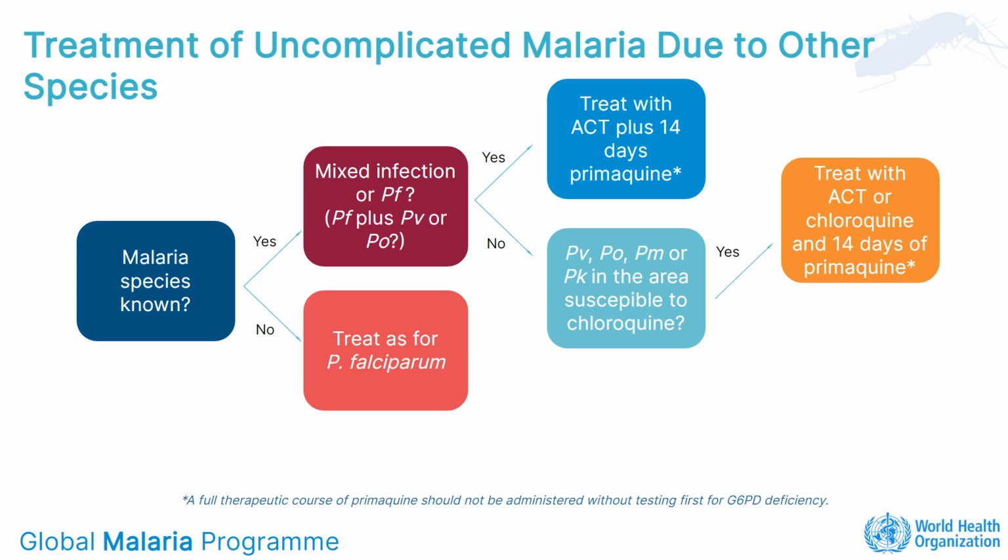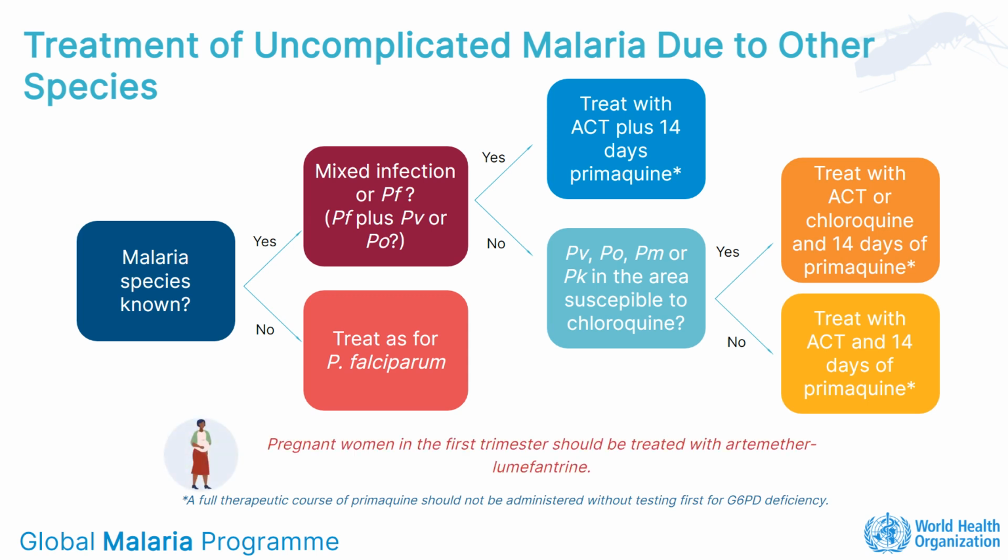However, if the parasites in an area are not susceptible to chloroquine, the infection must be treated with an ACT plus 14 days of primaquine. Pregnant women with uncomplicated Plasmodium falciparum malaria should be treated with artemether-lumefantrine during the first trimester. There are other options for the treatment, as we have just seen.